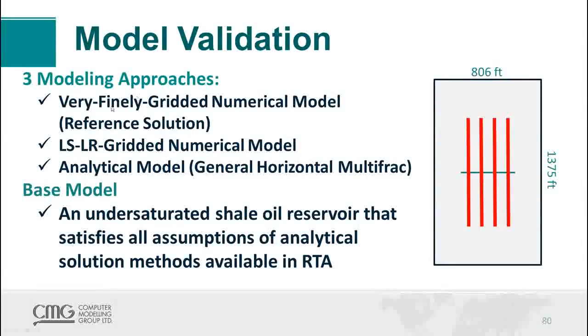So we did this by creating a very finely gridded numerical model of a 4 planar fracture model that you can see over here on the right, okay? And when I say finely gridded, the red fracture quarters in this case are taken all the way down. The grid size is all the way down to prop fracture width, which is a fraction of an inch, okay? Then we created a numerical model using our logarithmically spaced, locally refined gridding technique, which includes pseudoizing the width of that fracture up to 2 feet.